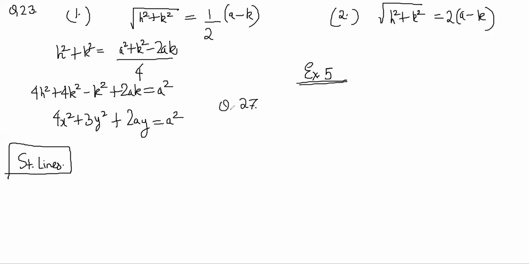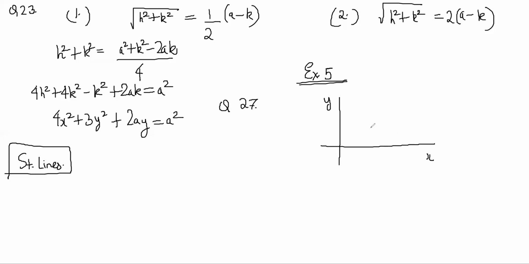Question 27. Let's look at exercise 5. Find the equation of the diagonal of the rectangle whose sides are given by these equations.